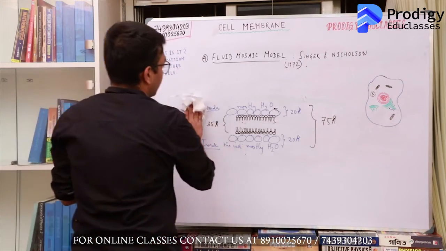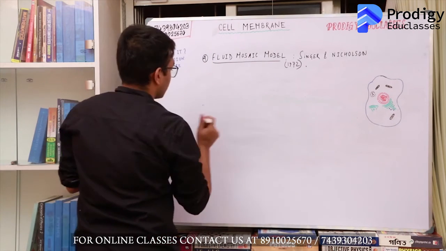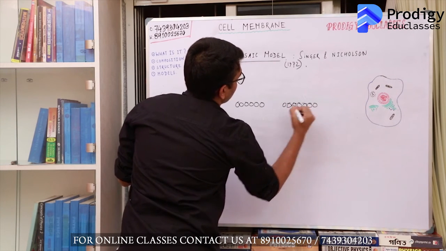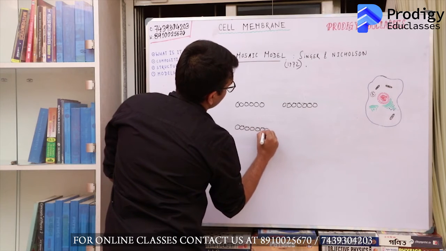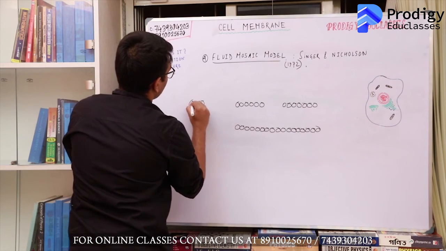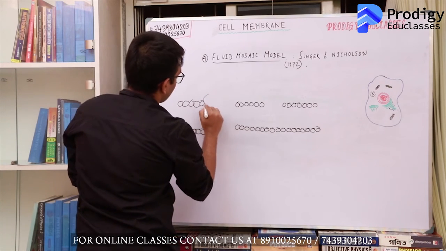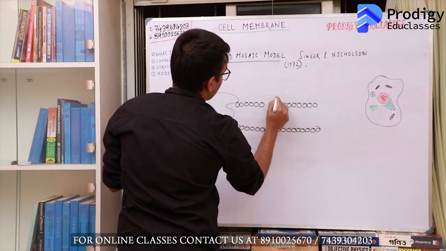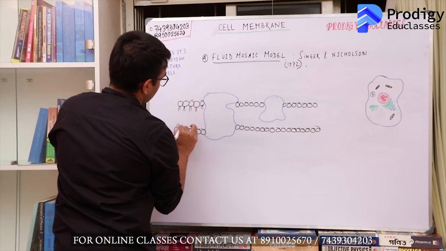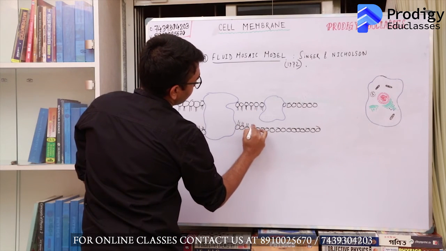Now what happens when you try to express it in a diagram? You have the two layers of lipids and you have proteins in between them.